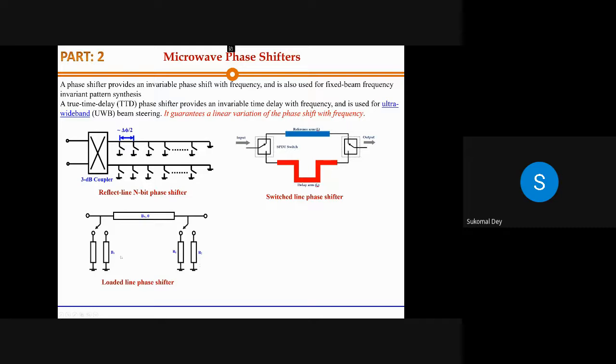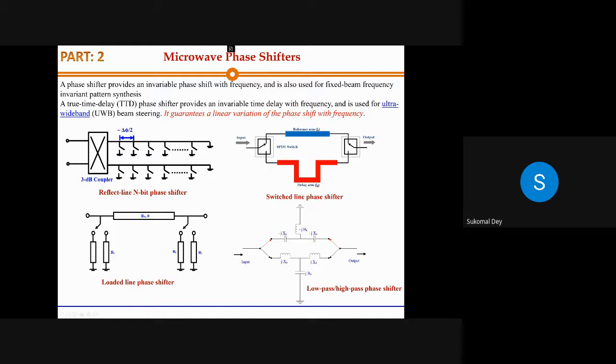The third category is the loaded line phase shifter, where a line is loaded with different impedances. If you load the line with different reactances, then you can get different phase shifts. The fourth category is the low pass high pass section. Again, what are you doing? You are adding one low pass and one high pass section with an SPDT switch on the left and right hand side.